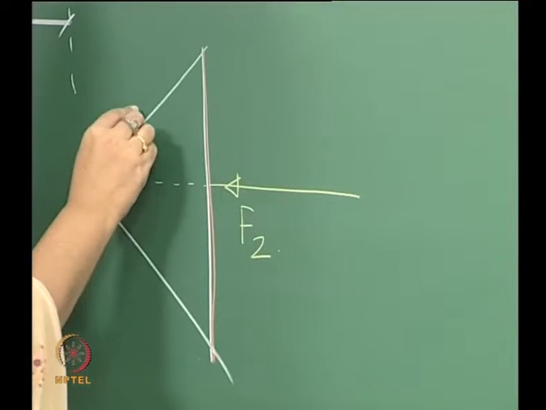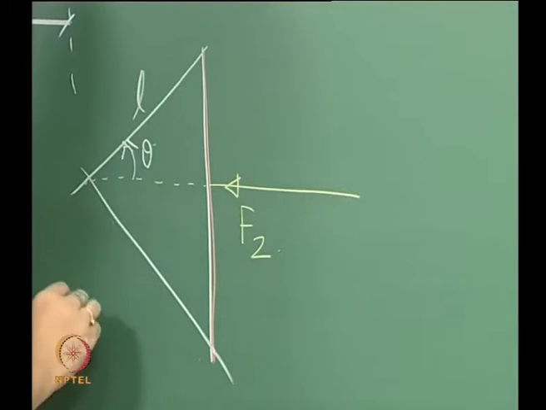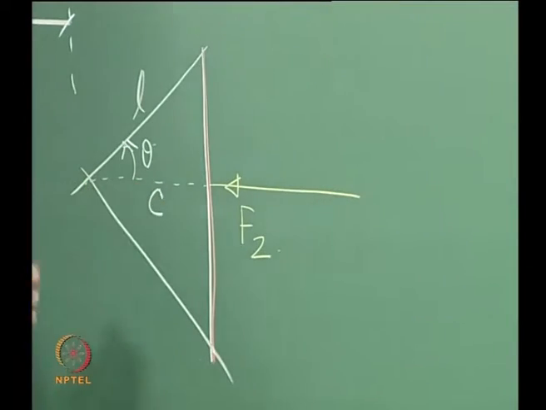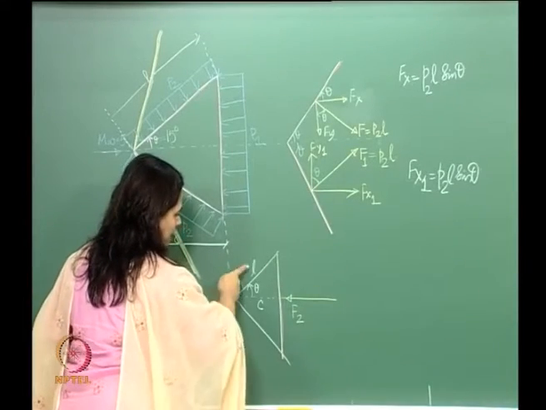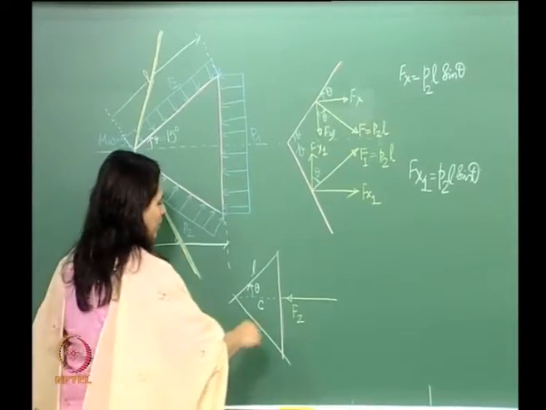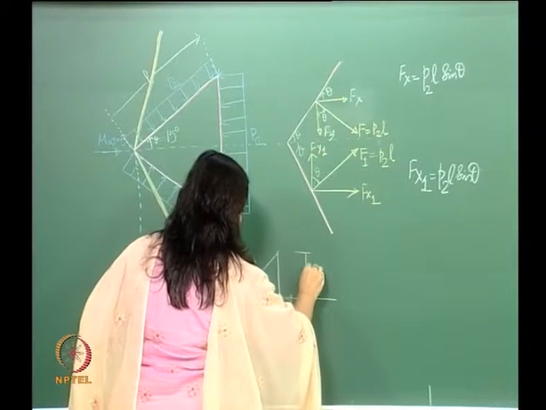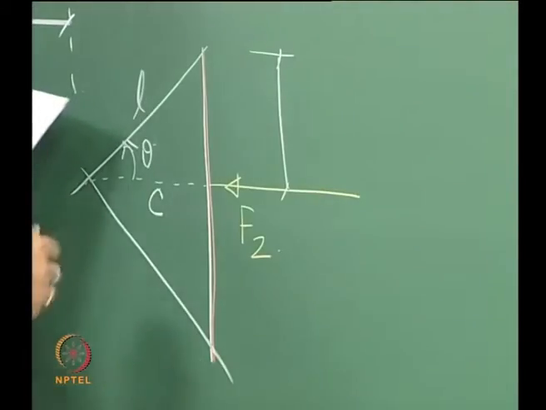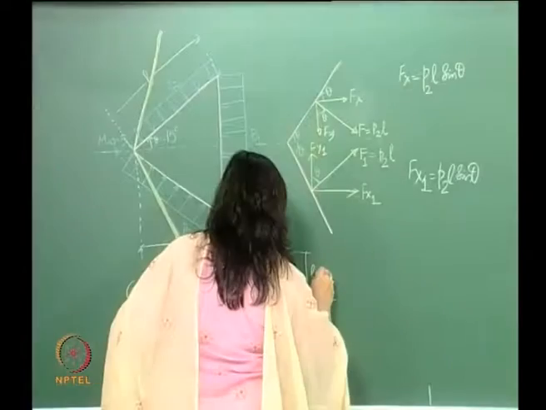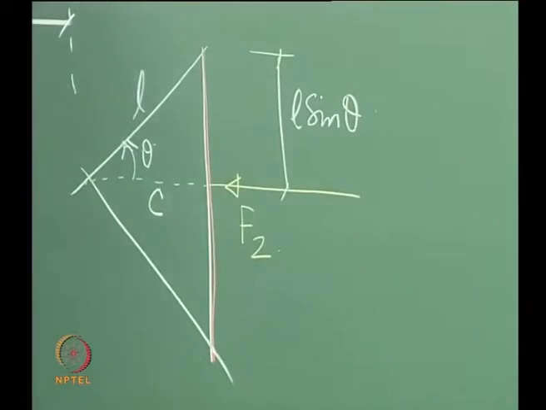This is our L, this is our theta, and this is our C, isn't it? This length is C, this length is L, and this is theta. So therefore we can find out this particular length, and that comes out to be L sine theta, right?